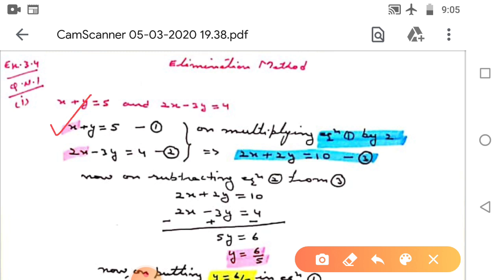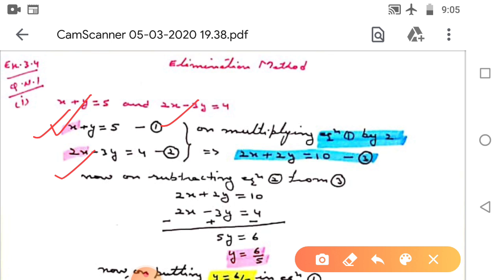In the first equation it is 1 and the coefficient of x in the second equation is 2. So on equating the coefficient, we need to multiply equation 1 by 2. If we multiply equation 1 by 2, the coefficient of x becomes 2. And in equation 2, the coefficient of x is already 2.